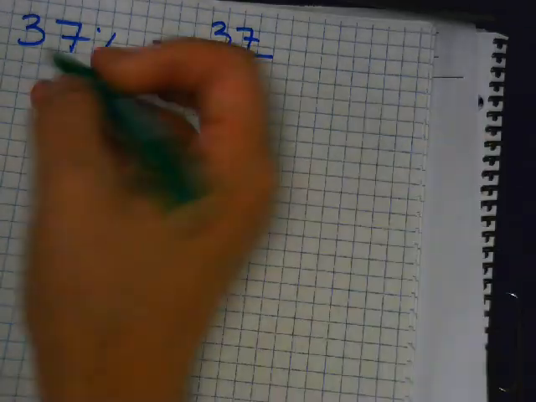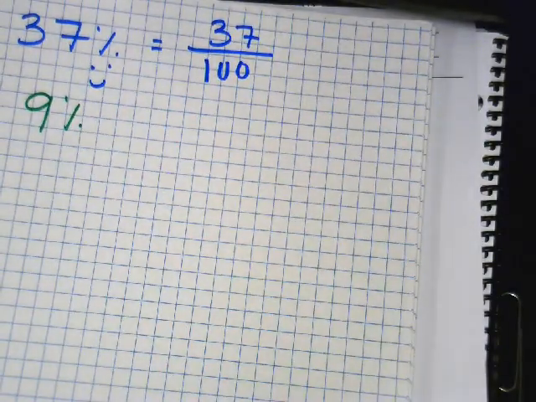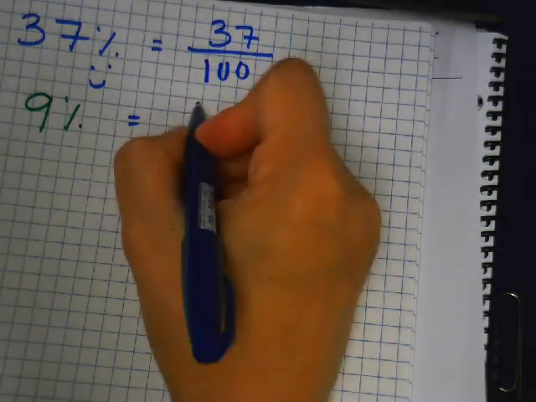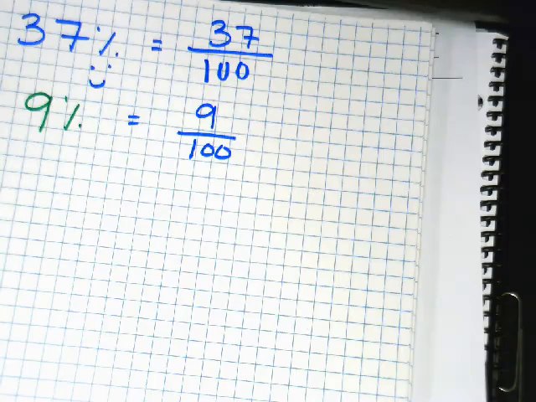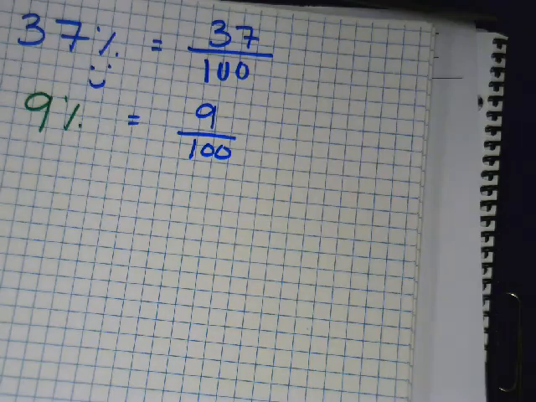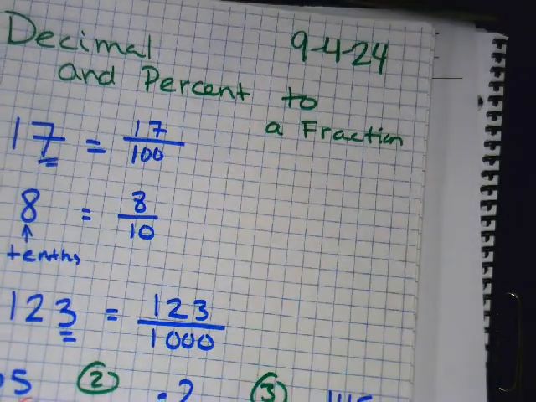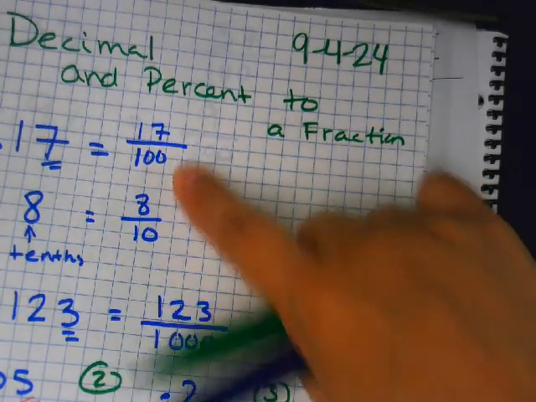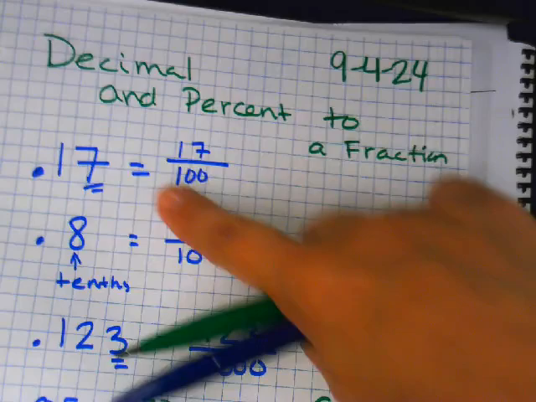Okay, what if it's 9%? Yes, and you stay after school because you got a 9%. So when it's a percent, you will always write it out of 100. But if it's not a percent, like the problems we did at the beginning, you see how sometimes it's 100, sometimes it's 10, sometimes it's 1,000? Because are these percents?